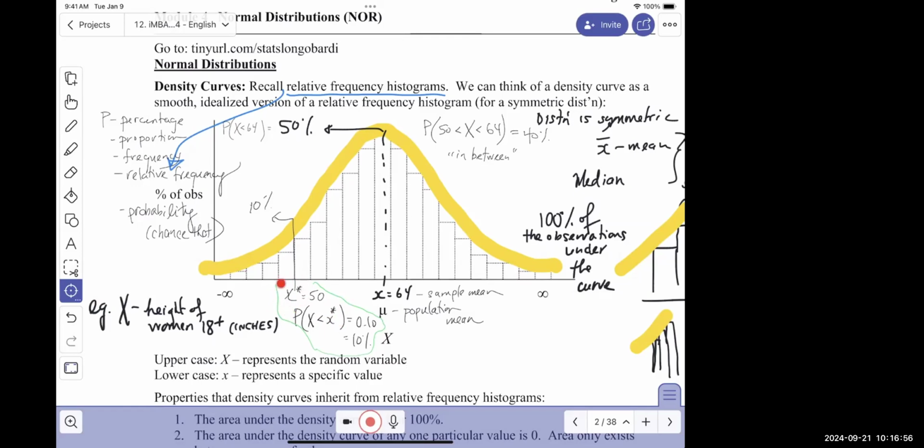What's the percentile value of X star? Let's do this one. What about 64? Which percentile is 64? The 50th percentile. Yes. What about X star, or 50? That would be the 10th percentile.